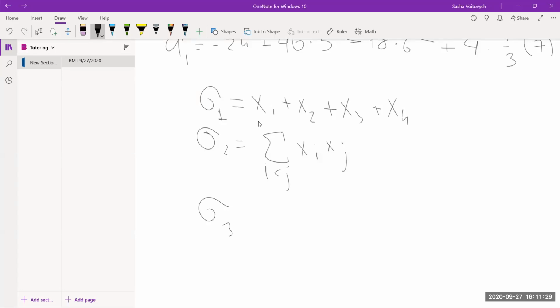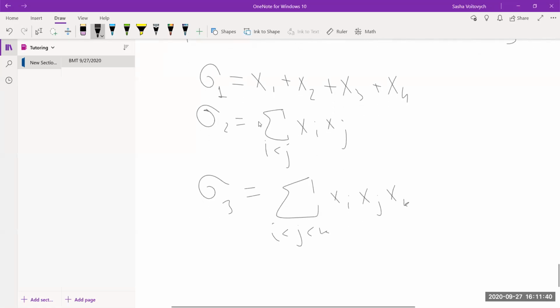Sigma 3 is the sum of all possible products of 3 variables, and sigma 4 is the sum of all possible products of 4 variables, which is just the product of x1, x2, x3, x4.